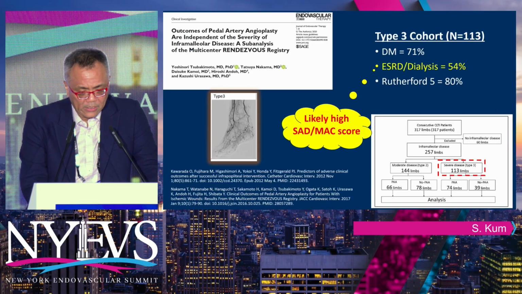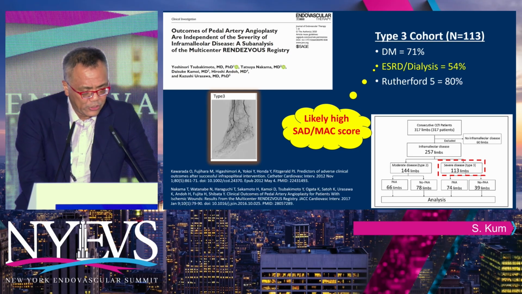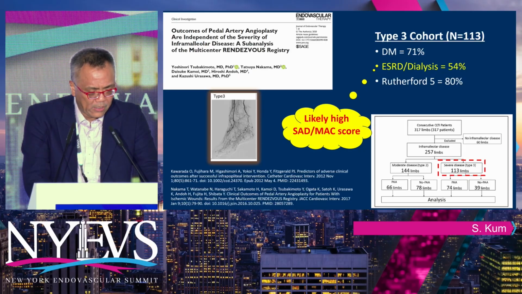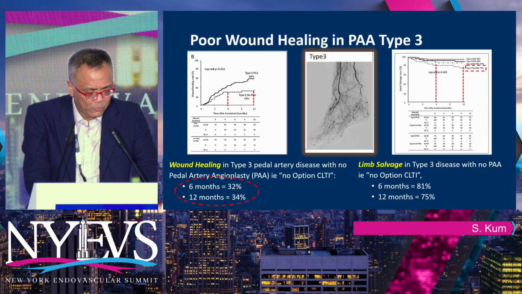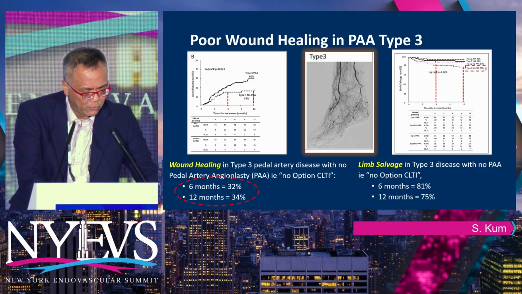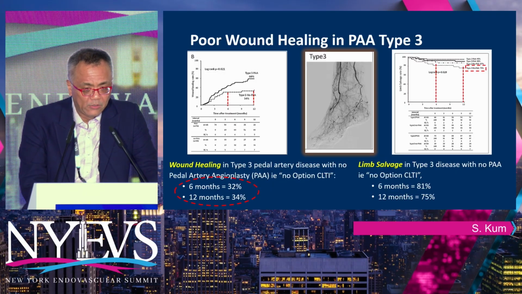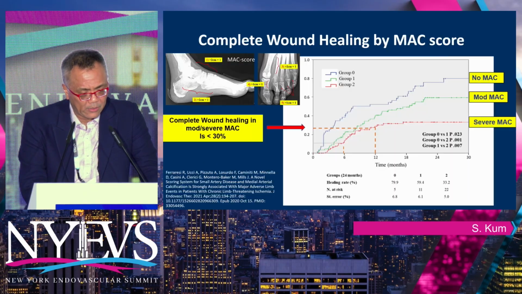As I mentioned, this is some of our Japanese series with no pedal arch angioplasty or PAA type 3, typical angiogram on the left. And if you look at this patient's complete wound healing rate, not improving, but complete epithelialization of the wound was only 30% at 6 months as well as 12 months, leading to a very poor clinical result and no resolution of critical limb ischemia.